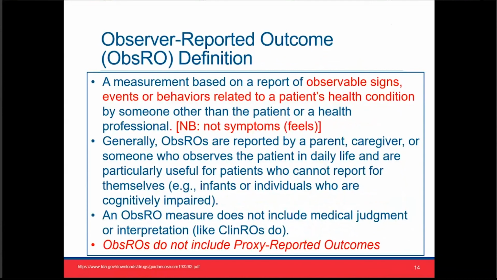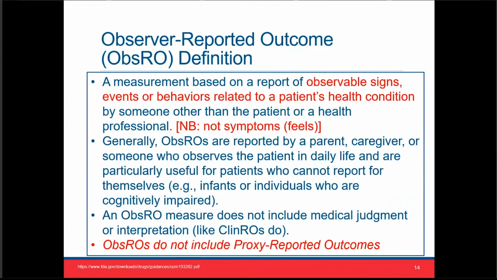So the observer-reported outcome definition is a measurement based on a report of observable signs, events, behaviors related to a patient's health condition by someone other than the patient or a health professional. A clinician-reported outcome, which is another one of those buckets, is also observer-reported, but we put them in a different category because there are some expert clinical judgments and impressions that are included in what a clinician-reported outcome might include.